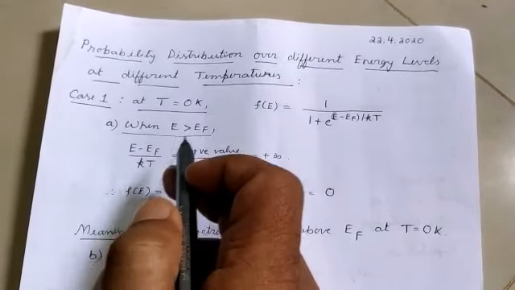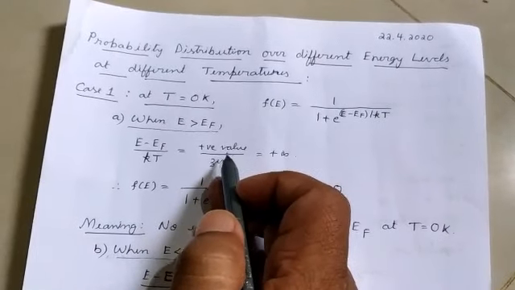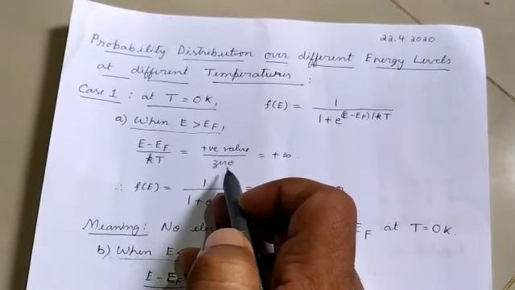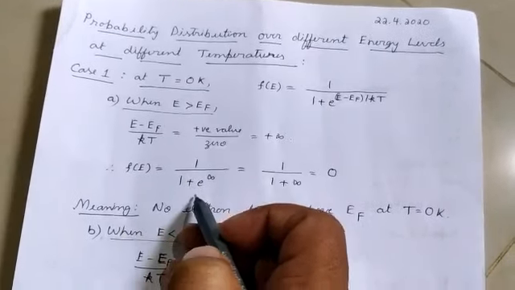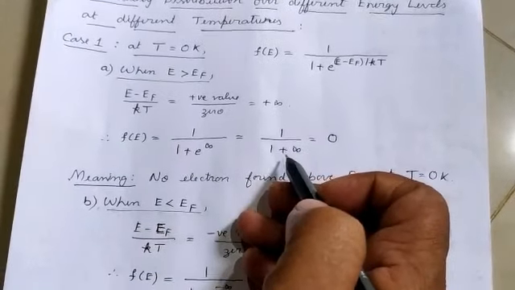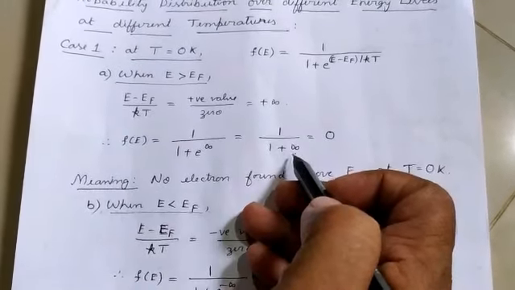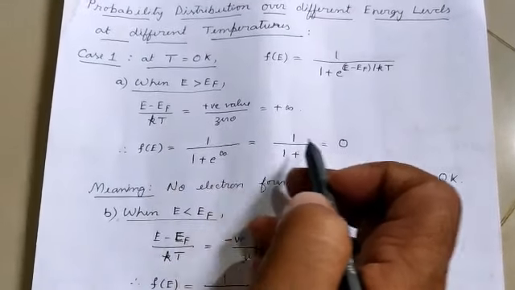If you substitute E greater than EF, we get a positive value divided by denominator 0. That means we get plus infinity. So f(E) becomes 1 / (1 + e^(+infinity)), which is 1 / (1 + infinity), which is 0. That means f(E), the probability value, becomes 0.